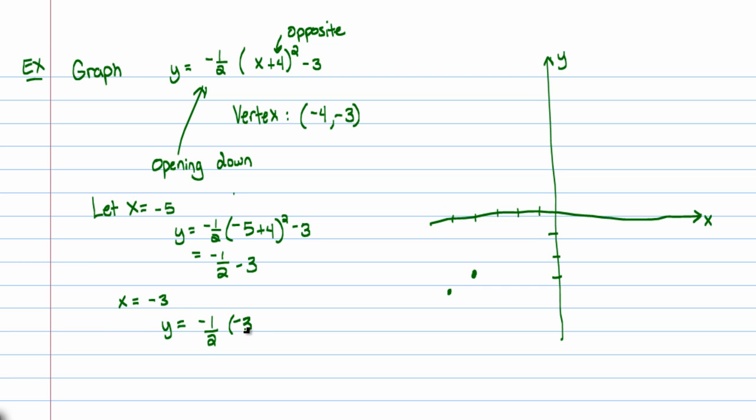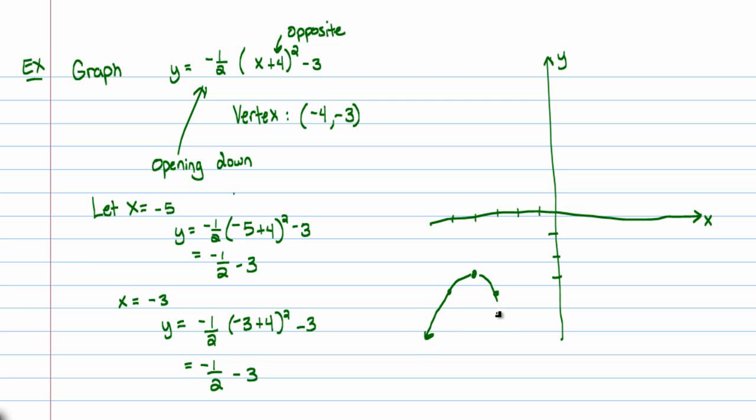So negative 3 plus 4 squared minus 3. Negative 3 plus 4 is 1. Being squared is just 1. So this turns into a negative 1/2 minus 3 again. So we're actually at a negative 3.5. And now you can connect these dots.